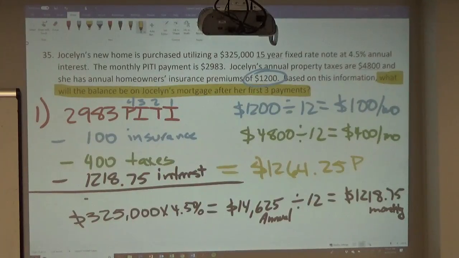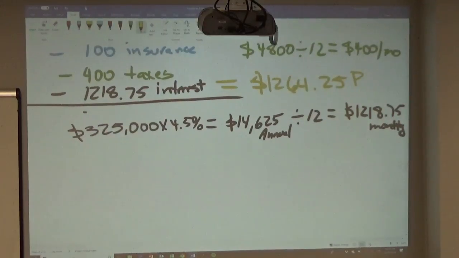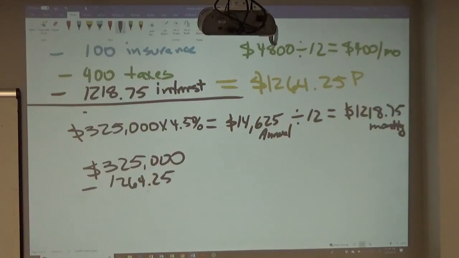So finally, we're able to do payment number 1. Just on payment number 1 still, we have a beginning balance of $325,000 minus $1,264.25.